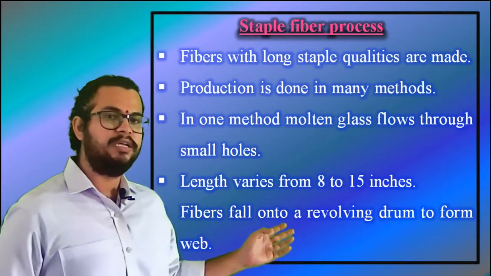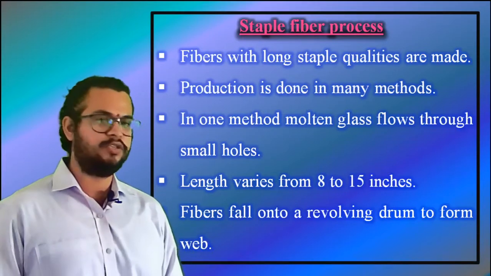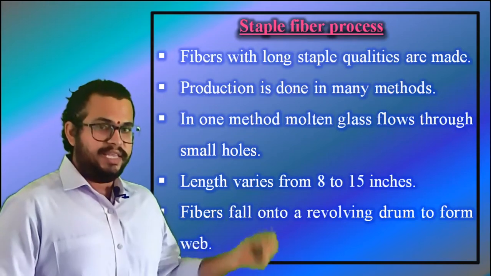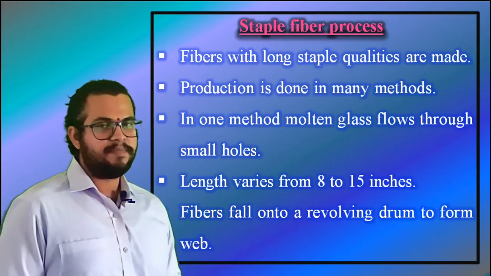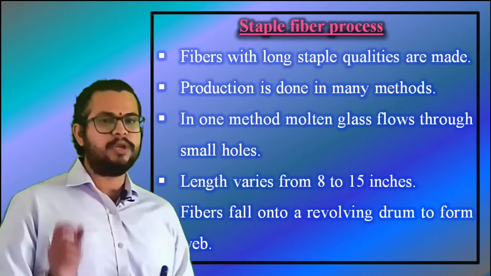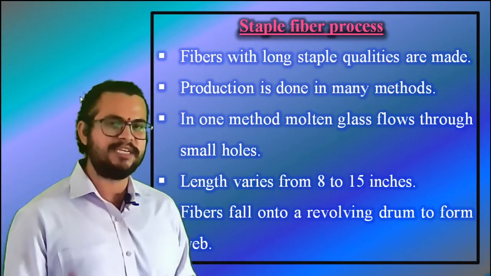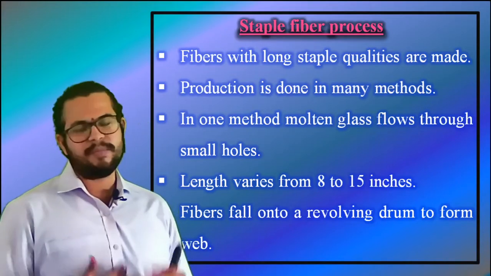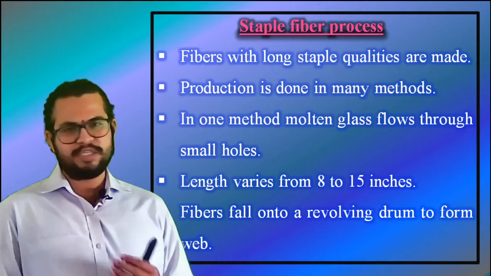We have here the next manufacturing process, which is called the staple fiber process. In this process, fibers with long staple qualities are manufactured. There are many methods for producing such fibers.